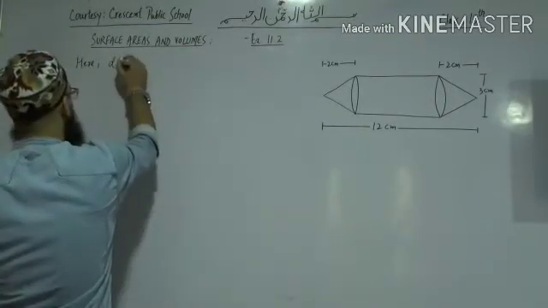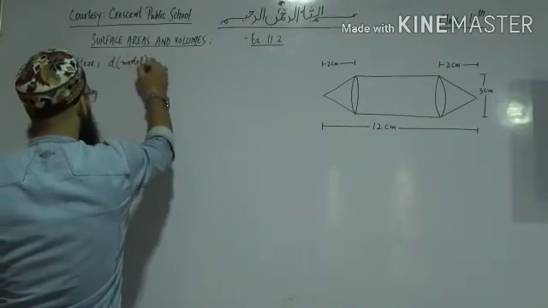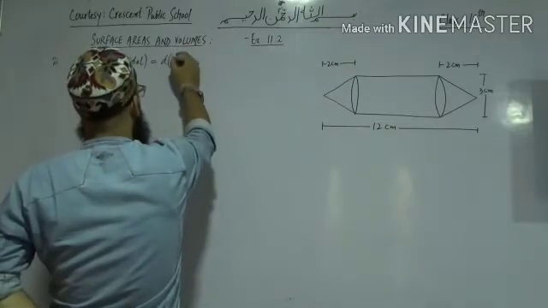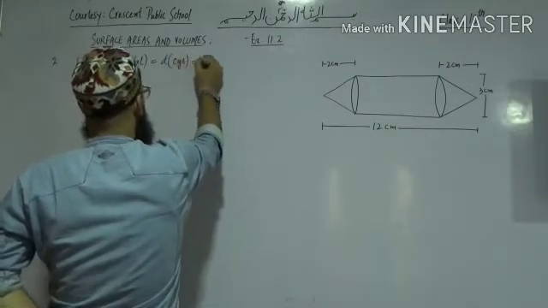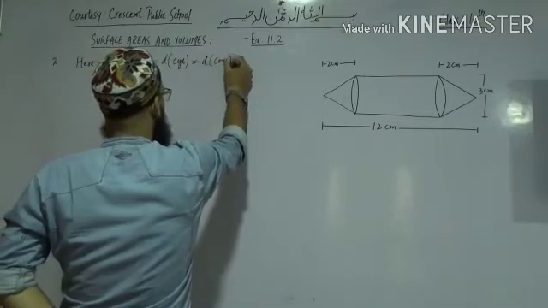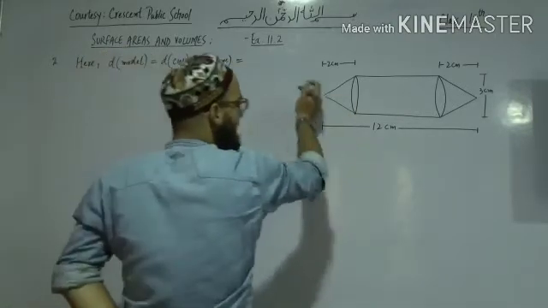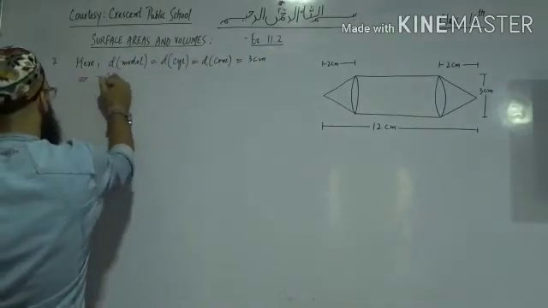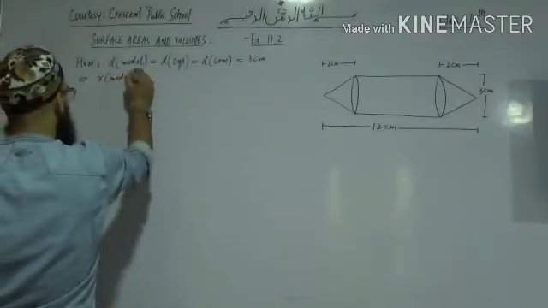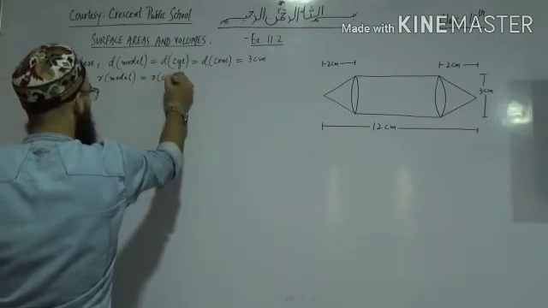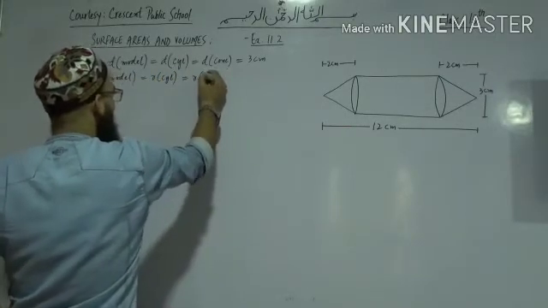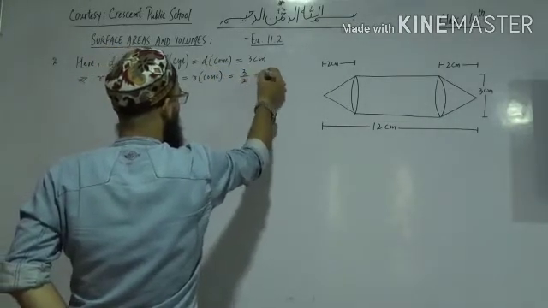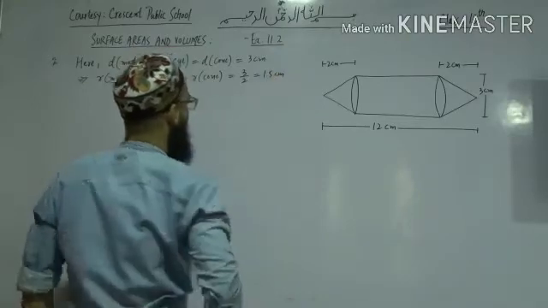Diameter of model is equal to diameter of cylinder is equal to diameter of cone is equal to 3 centimeter, which implies that radius of model is equal to radius of cylinder is equal to radius of cone is equal to 3 divided by 2, and that's equal to 1.5 centimeter.